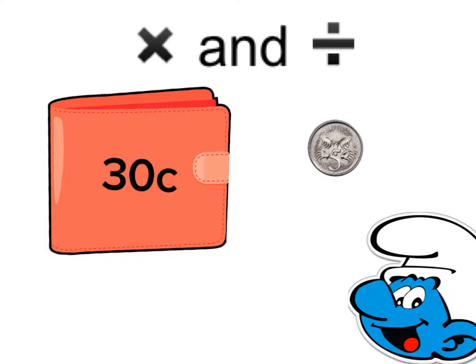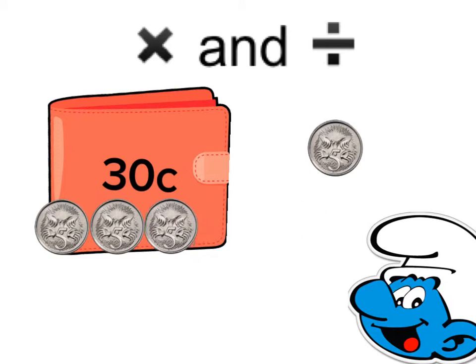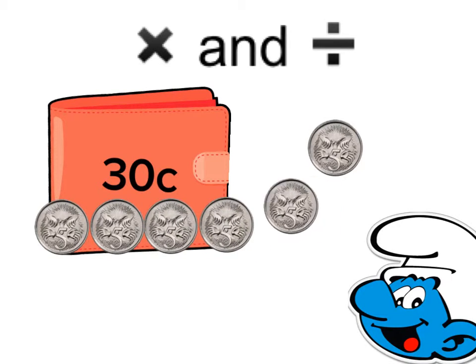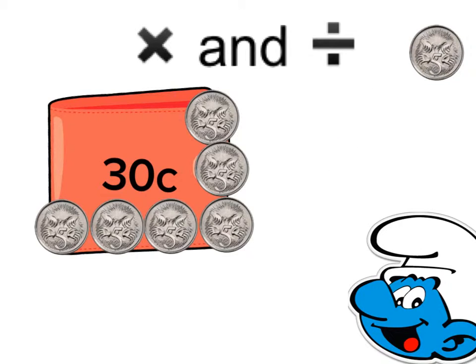Well, we could use repeated addition with our 5-cent pieces and skip count in 5s. We all know how to count in 5s now. So we would say 5, 10, 15, 20, 25, 30. So there we have 30 cents in 5-cent coins, and we have, how many do we have?